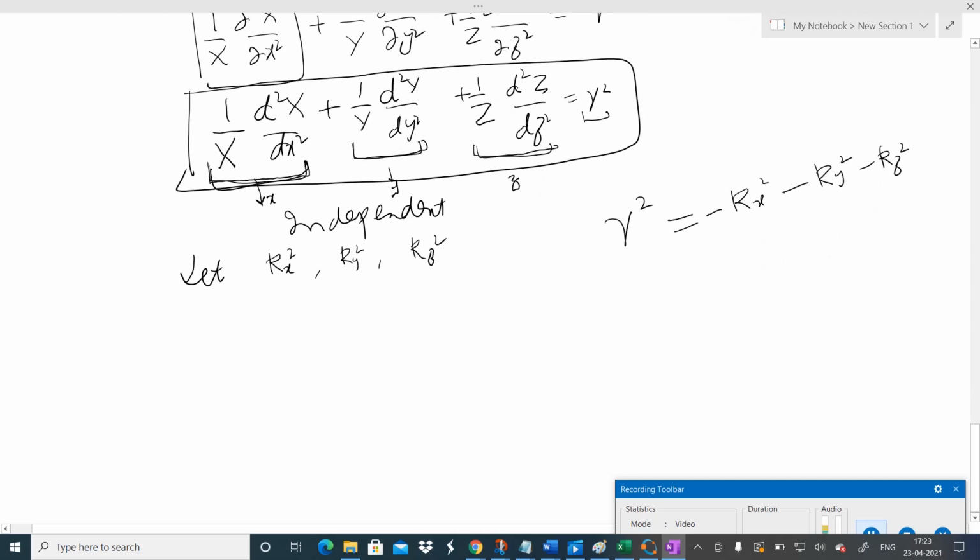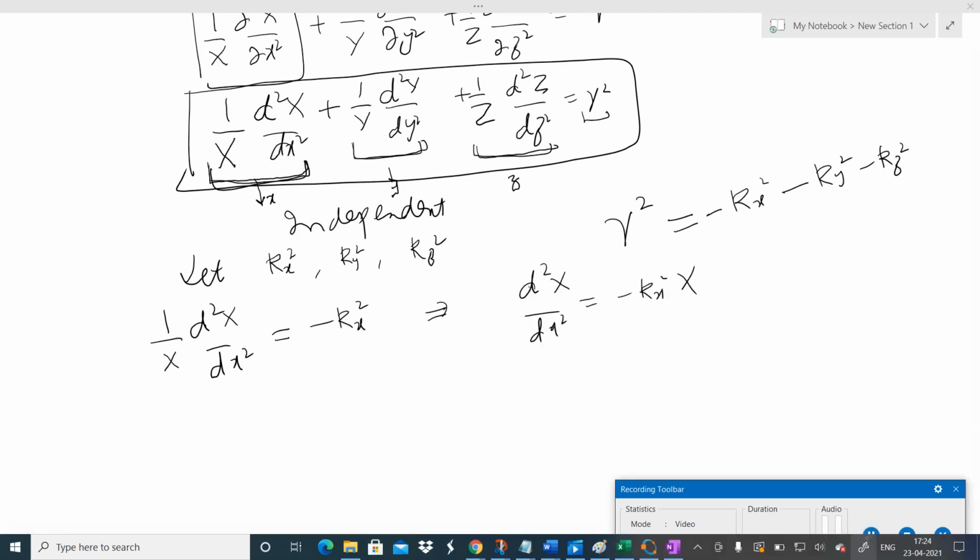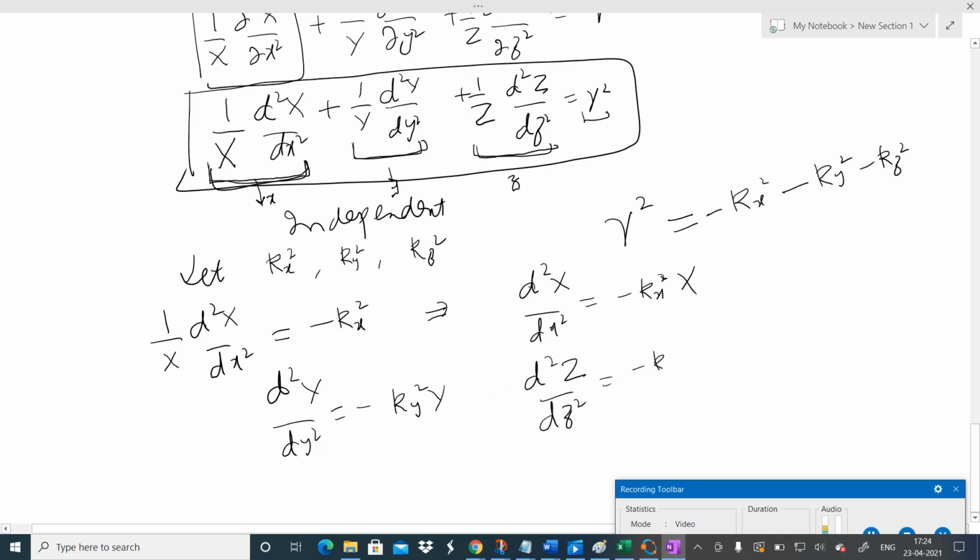So hence each of the terms, 1 over x d2x upon dx2, is equal to minus kx square, which implies that d2x upon dx2 is equal to minus kx square x, okay? Similarly, d2y upon dy2 is minus ky square y, d2z upon dz2 is minus kz square z, okay?